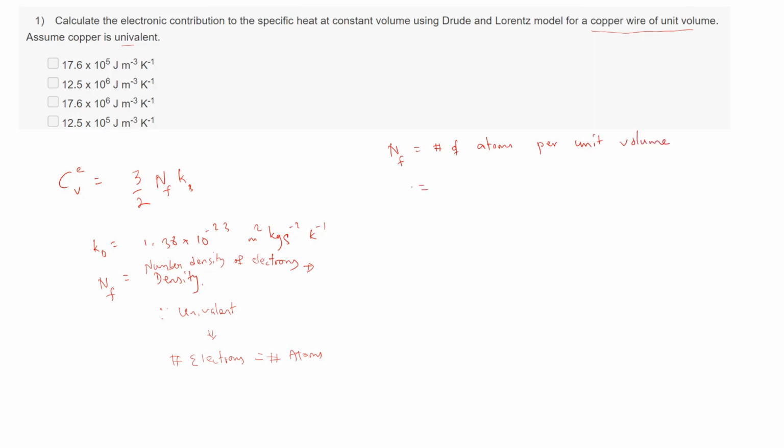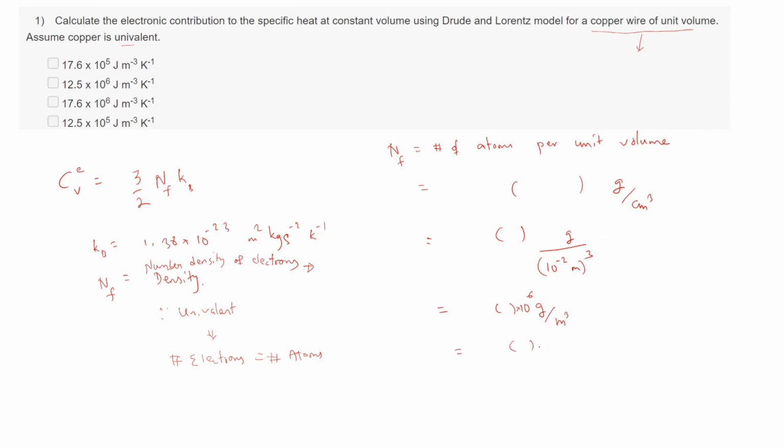We can get from the literature the density of copper in gram per cm cube. You will get a certain number. One centimeter is 10 to the power minus 2 meter, so per cm cube becomes that number into 10 to the power 6 per meter cube.